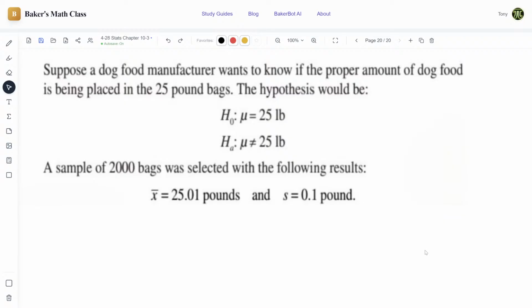All right, so a dog food manufacturer wants to know that the proper amount of dog food is being placed in bags. So this problem is giving you your null hypothesis and everything you need, except for what level of significance is. What level of significance do you want to try it at?